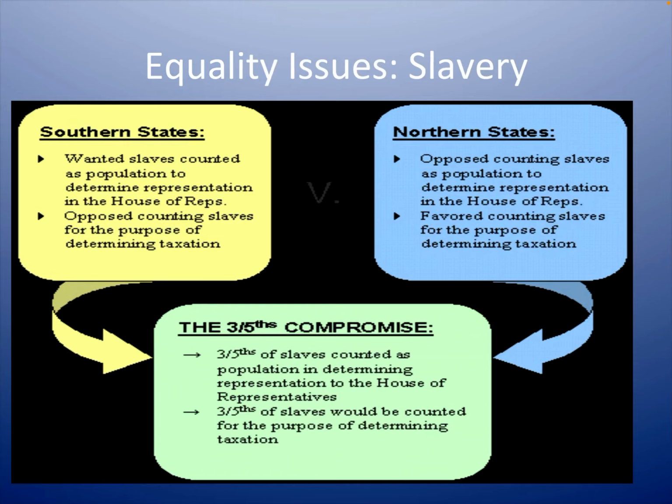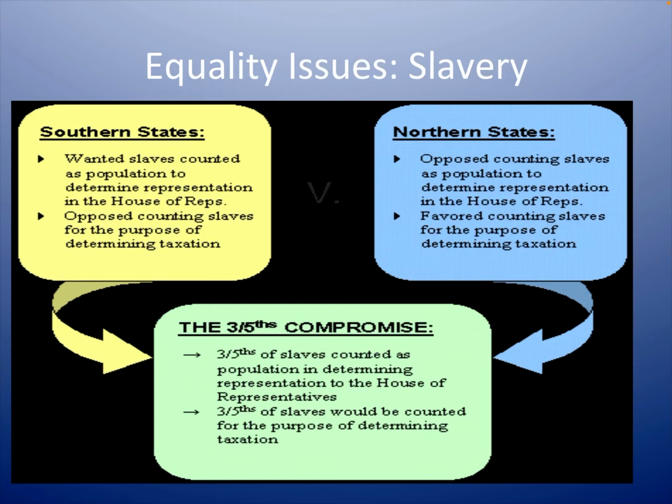Now, northern states on the issue of slavery did not want slave populations to count for the South in terms of population for the House of Representatives. They did want slaves to count for the purposes of taxation.